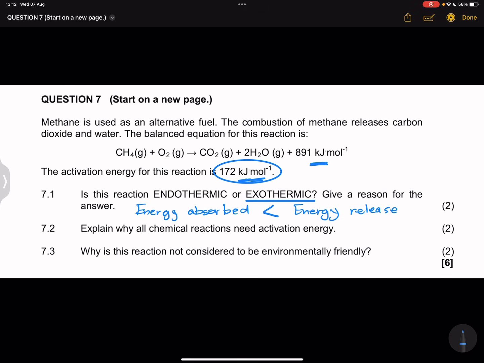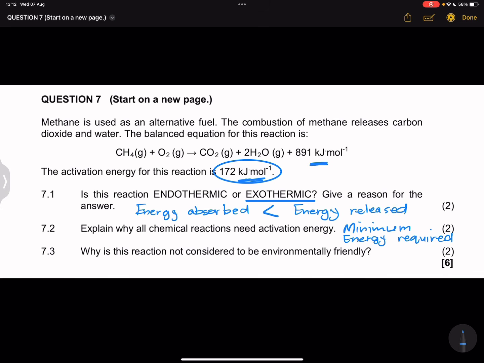They say, explain why all chemical reactions need activation energy. So remember that activation energy is the minimum energy required for a reaction to take place. Now I want you to note, the minimum energy required, why do we need it?